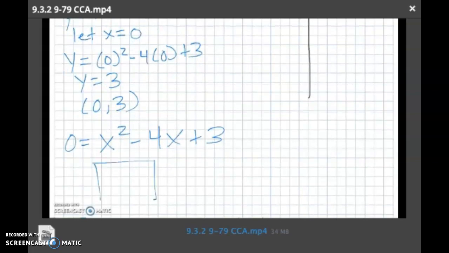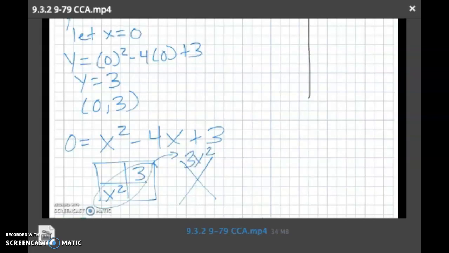So, generic rectangle and diamond. Hopefully we're getting really quick at this now. Our x squared term goes in the bottom left-hand corner, and 1's in the top right. That makes the top of my diamond 3x squared, and my x terms go in the bottom of my diamond. I'm thinking about the factors that multiply to give me 3x squared and add up to give me negative 4x.